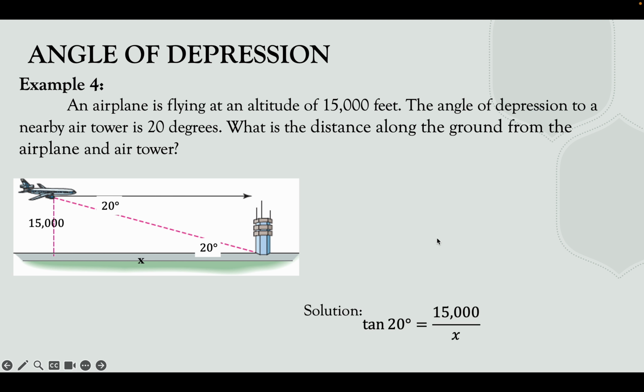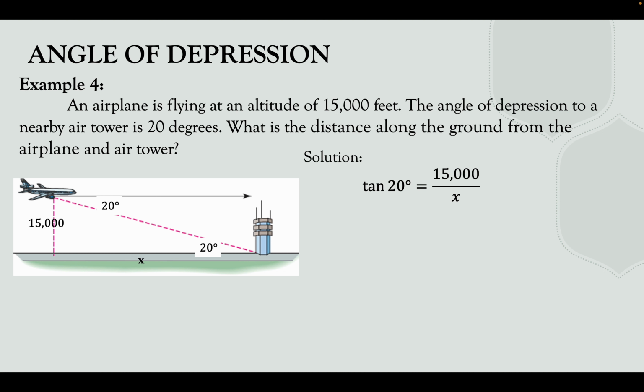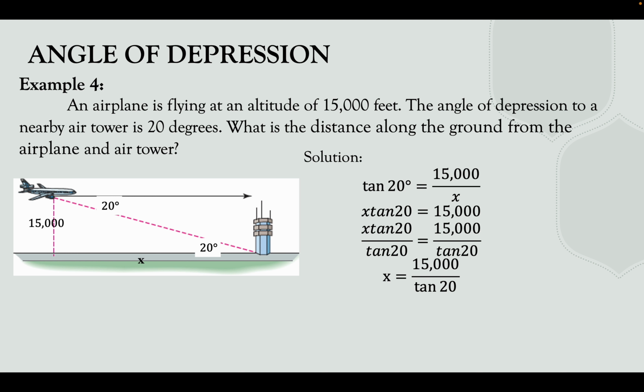So we will use tangent. So tan 20 degrees equals 15,000 as the opposite side and x as the adjacent side. So x tan 20 equals 15,000. Divide both sides by tan 20, we will get x equals 15,000 over tan 20.